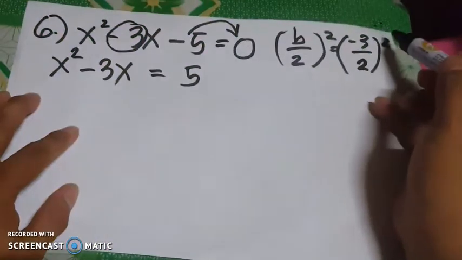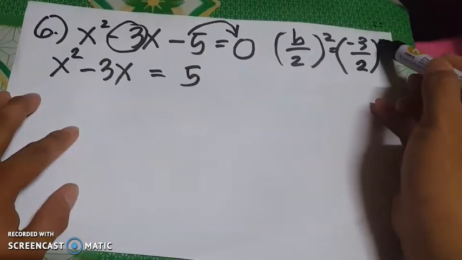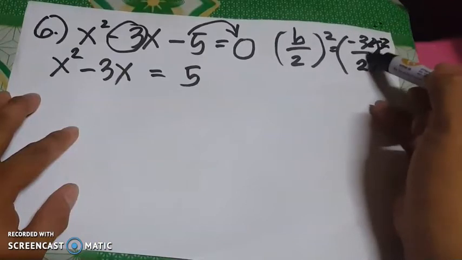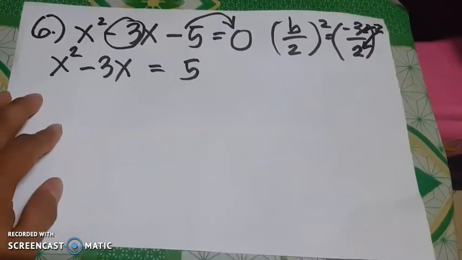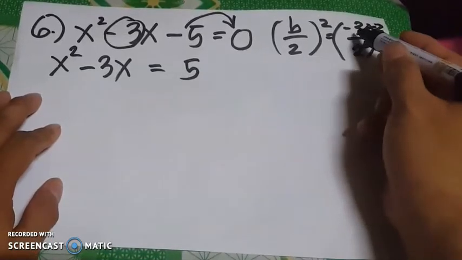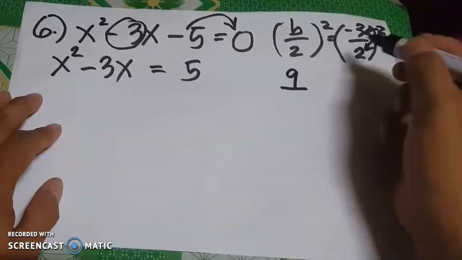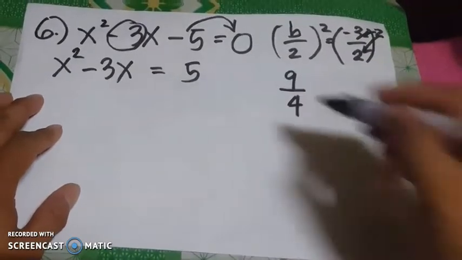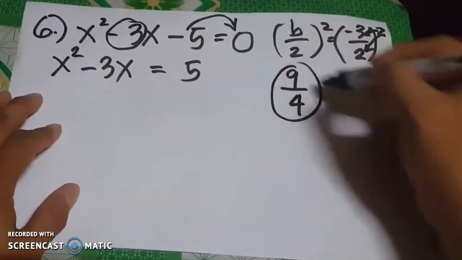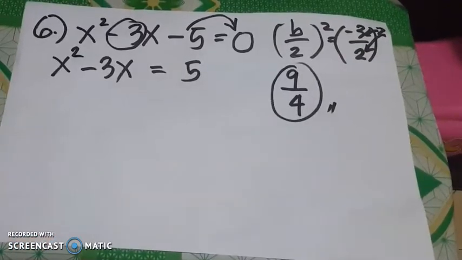That is by distributing this exponent on both numerator and denominator. So we'll come up here with negative 3 squared is 9 over 2 squared is 4. So we'll have 9 over 4 as the number to be added on both sides of the equation.